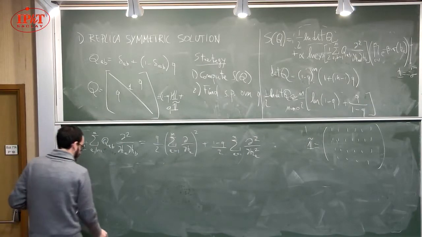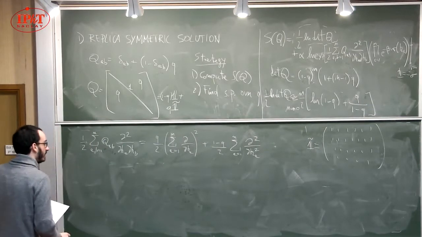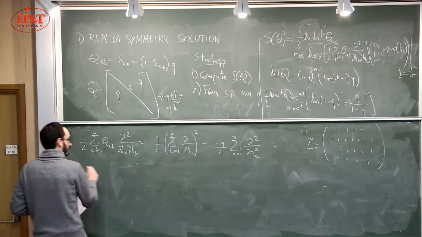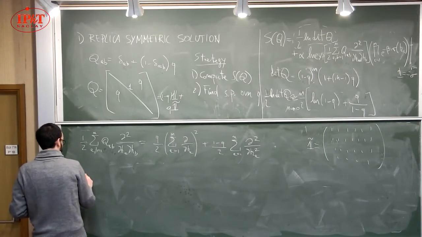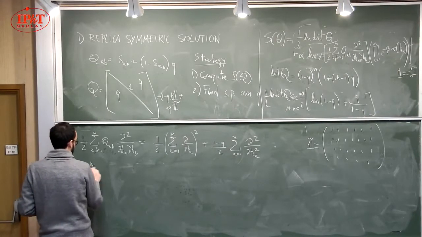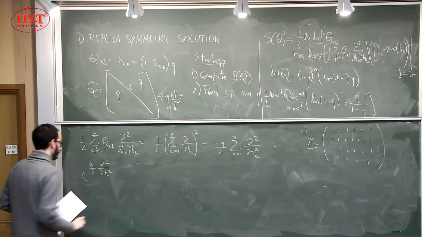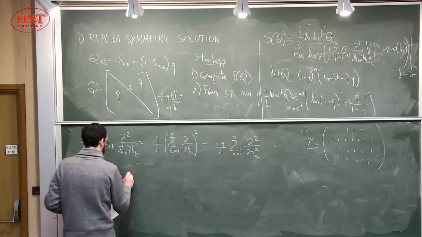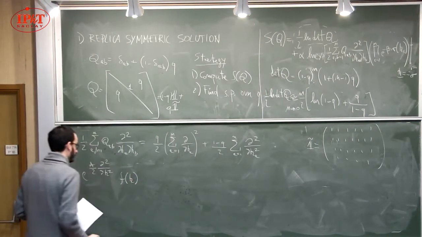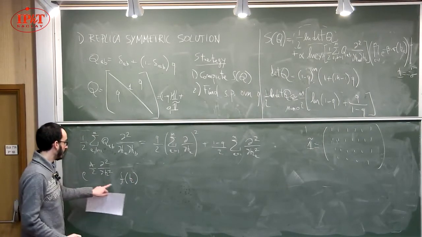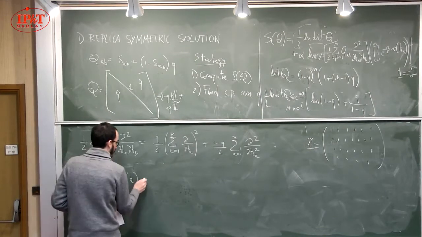Okay, so now there is a small trick. It's nothing. And the trick is the following. So if you have something like that, in terms of function, this can be written in terms of a Gaussian integral.